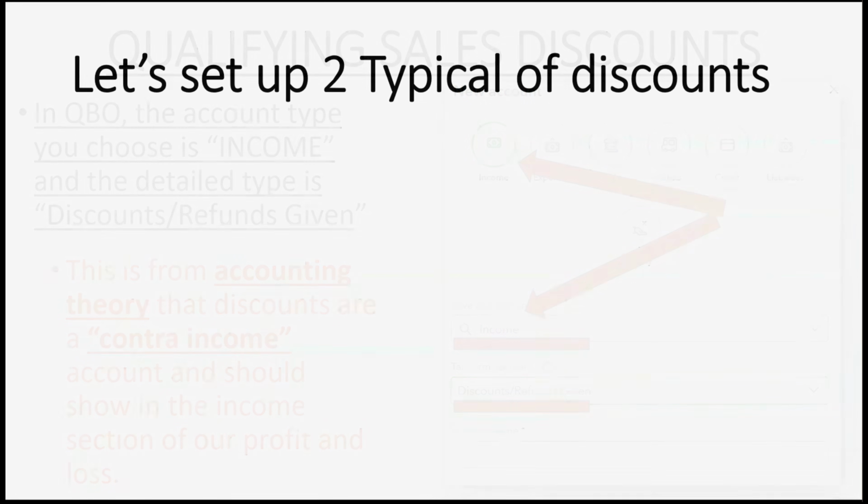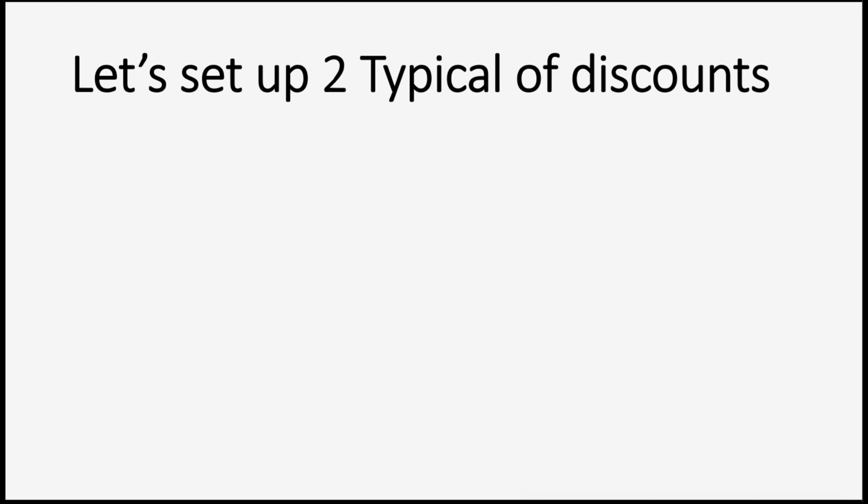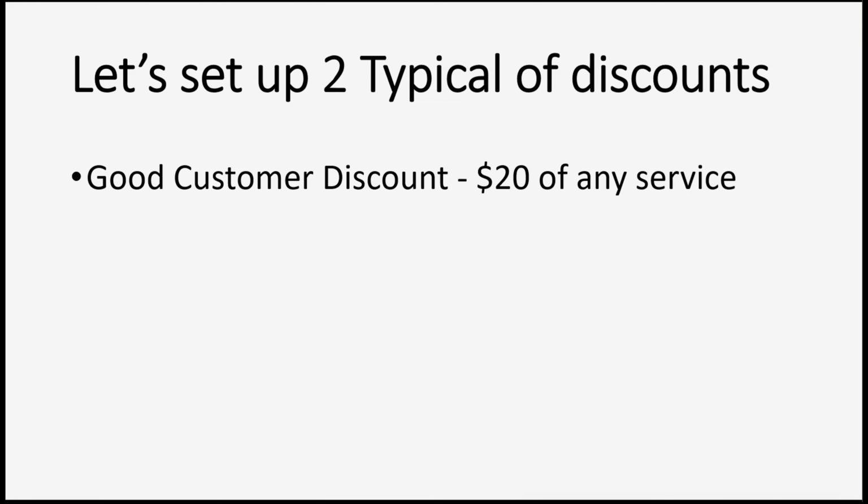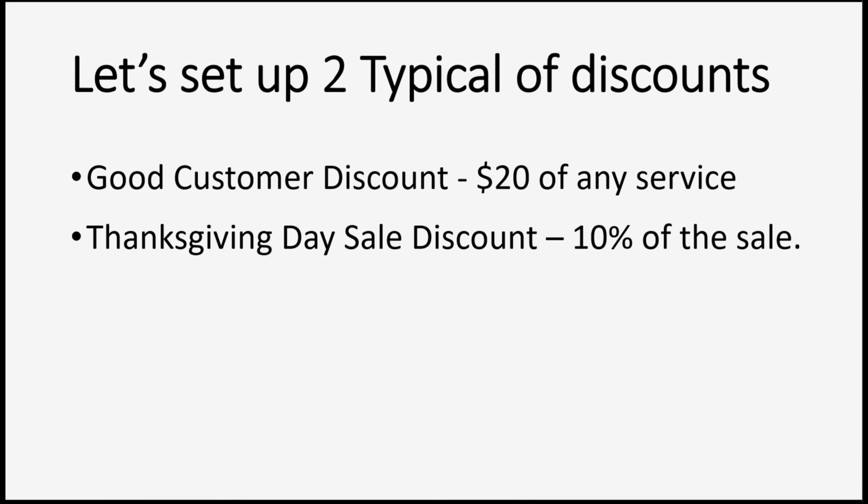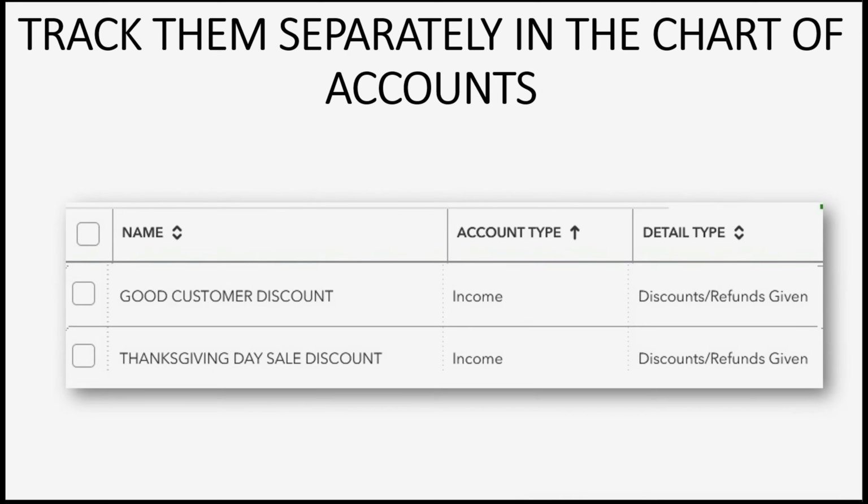So let's go ahead and set up two typical discounts in the chart of accounts. Let's set up good customer discount, which is $20 regardless, and let's set up another discount and call it Thanksgiving Day sale, and let's make that one 10% of whatever the total of the sale will be.